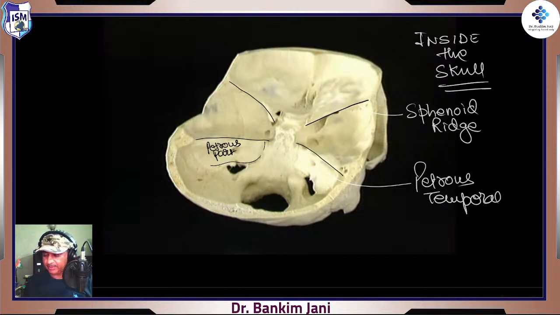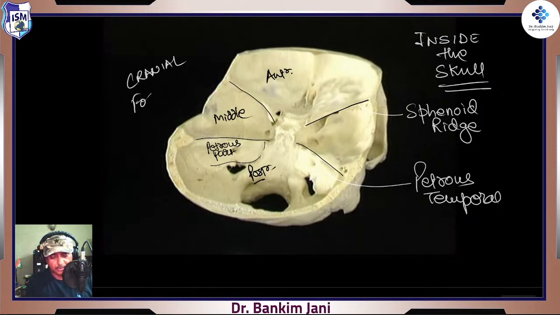They are dividing the entire inside of the skull into anterior, middle, and posterior cranial fossa, right? Fossa is singular, and fossae is plural. So that's how it is divided.